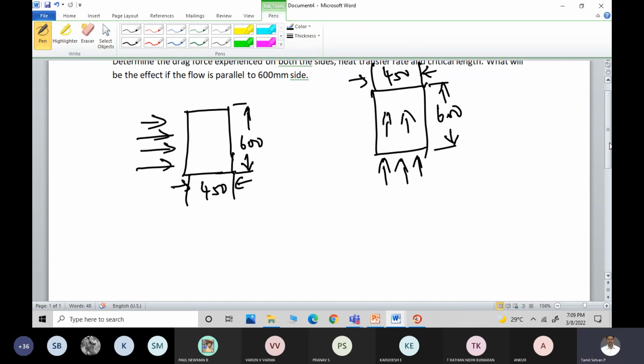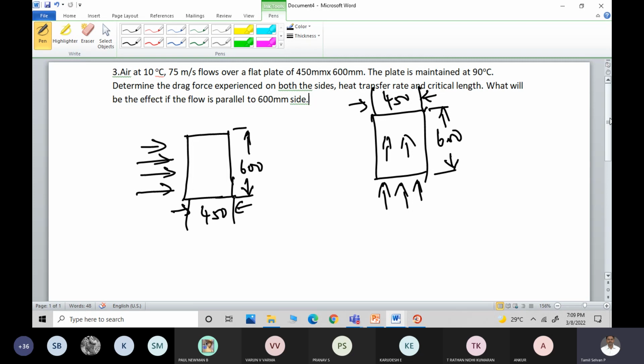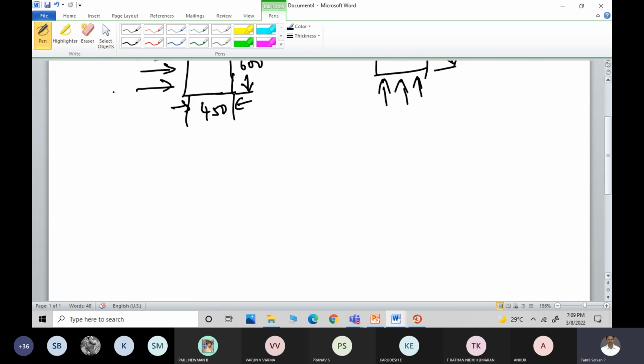So you are asked to find out the critical length. The critical length is the length at which the Reynolds number is equal to the critical Reynolds number, Re critical, which is equal to 5 into 10 power 5.